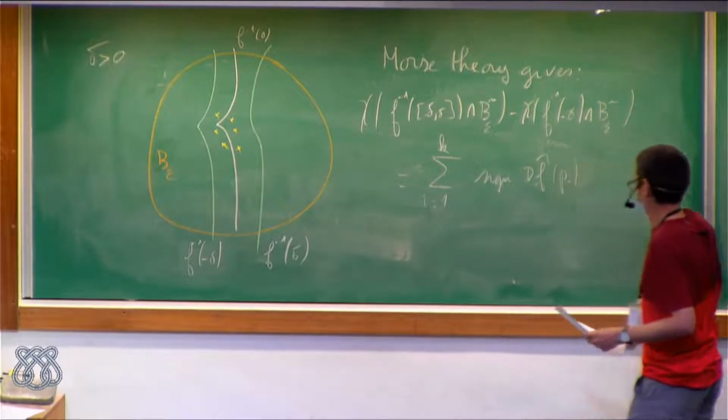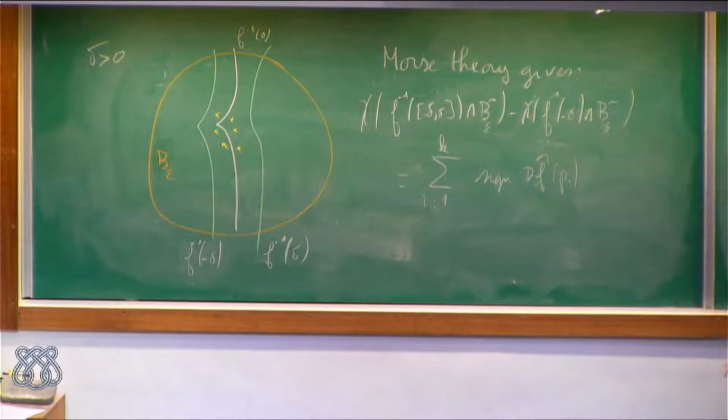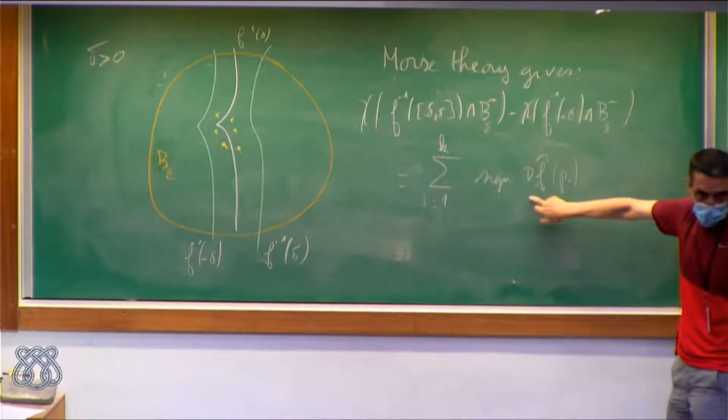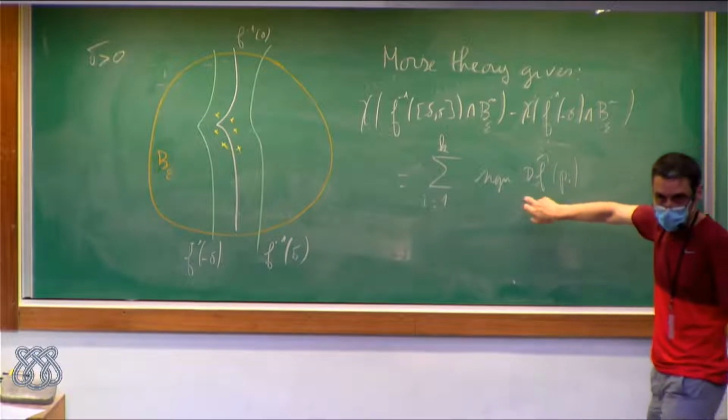Okay, this is Morse theory. So I have to prove that this is 1, and that this is the degree, the local degree of f.